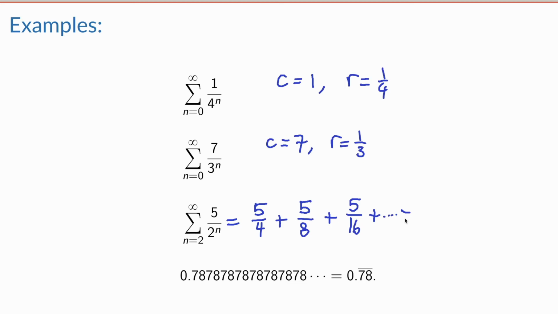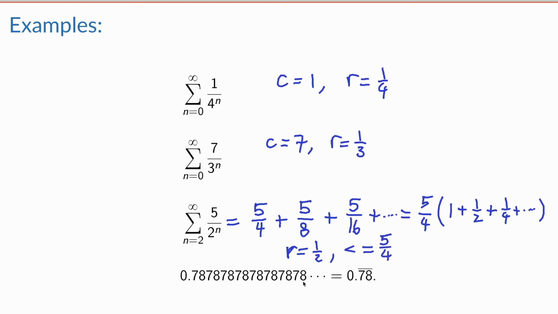Now what we can do is factor out this 5 over 4, and we can see this as 1 plus 1/2 plus a quarter, etc. So we can see this as having common ratio r equals 1/2, and that constant c is going to be equal to 5/4.